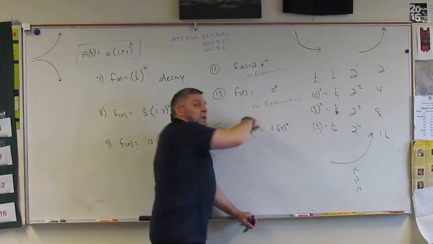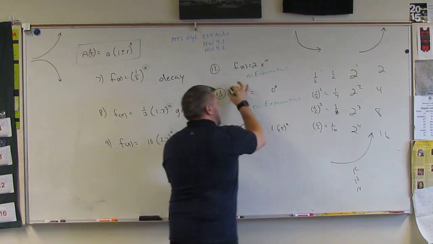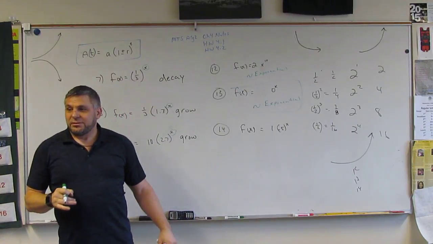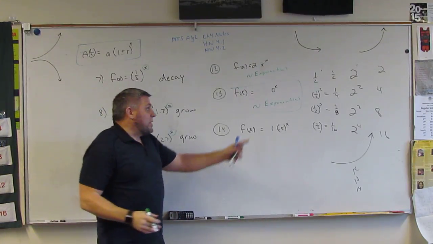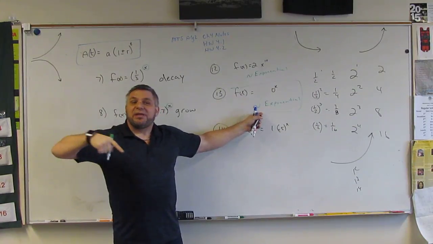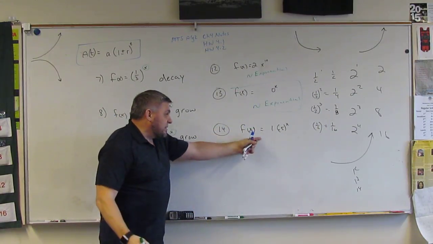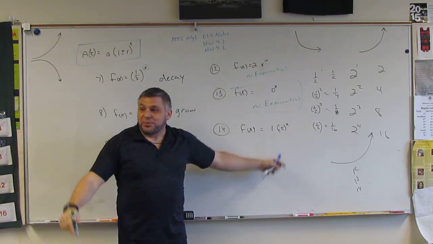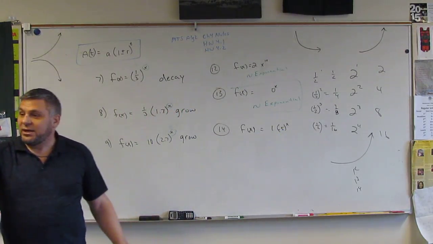So, trick question. You better believe that's going to be on the test, okay? 0 or 1. That's all you want us to do? Yeah, that's all I want you to do is tell me. But if it is exponential, I want you to tell me, does it grow or does it decay? Like this one. Is this exponential? Do we have to write exponential decay? Yes. So like this one, decay. Why do you say decay?